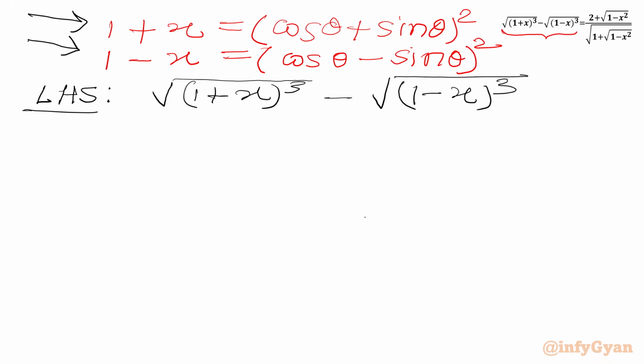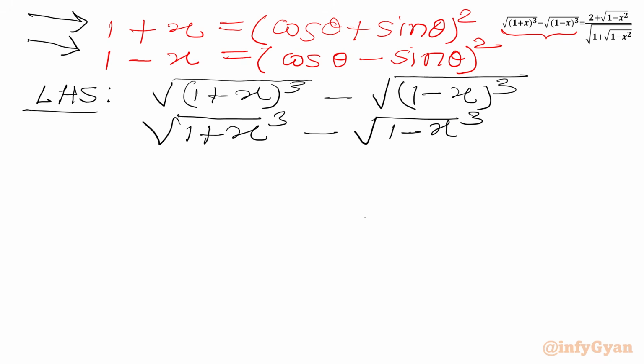We will use the power rule and we can write square root 1 plus x whole cube minus square root 1 minus x whole cube. 1 plus x is cos theta plus sin theta whole square. So the square root will cancel part 2. I will write cos theta plus sin theta whole cube.